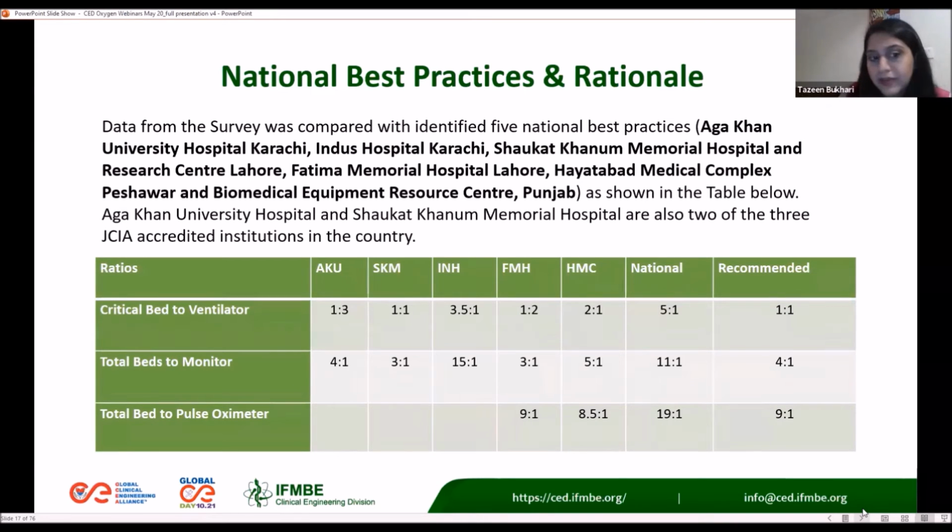We only selected 3 identifiers, which were critical bed to ventilator ratio, total bed to monitor ratio, and total bed to pulse oximeter ratio. We also calculated the national average from the data we had collected, and worked towards a recommended ratio that should be a rationale for the country or a certain level of health facility, where we are talking about tertiary facilities over here.